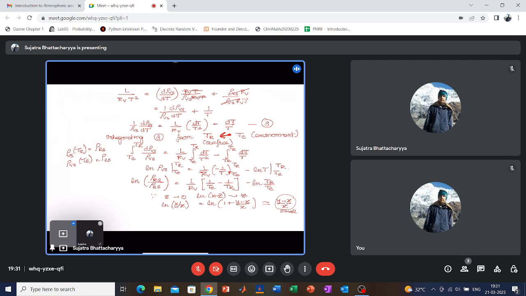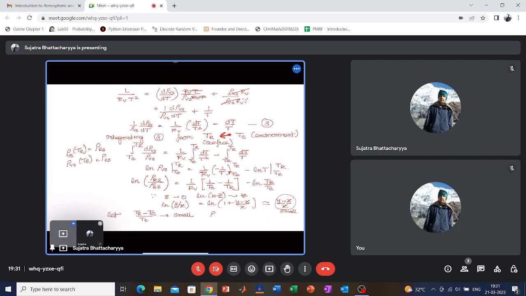Fine. Now here what we will do is that we will assume that Tr minus Te, of course there will not be much difference, so (Tr minus Te) divided by Te is small. So if this is small, then what will happen? Just use this expression.